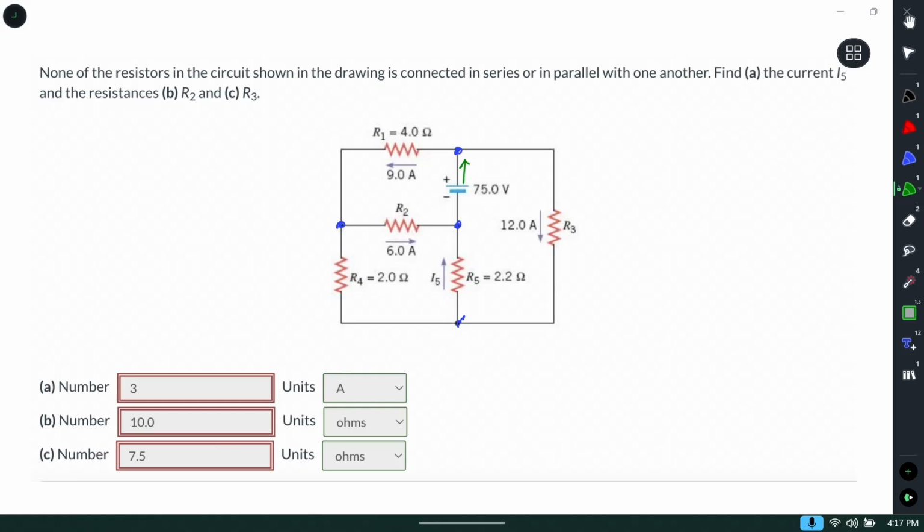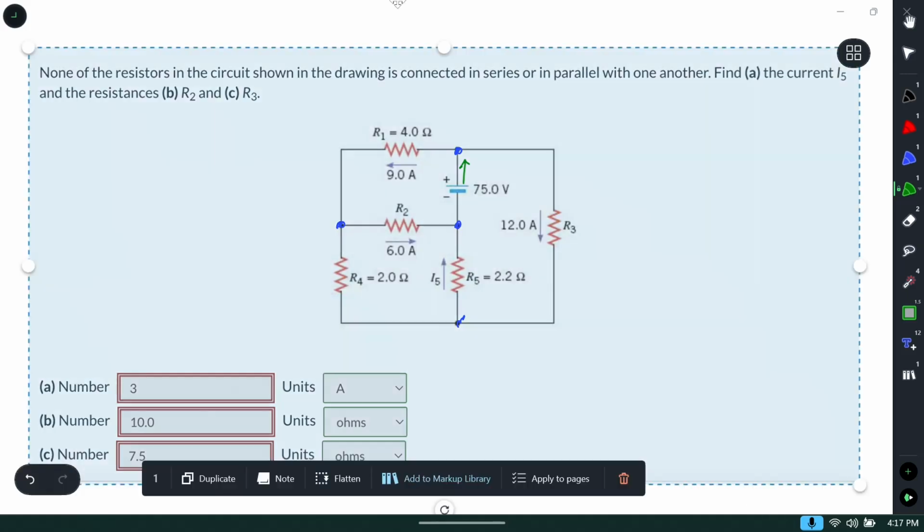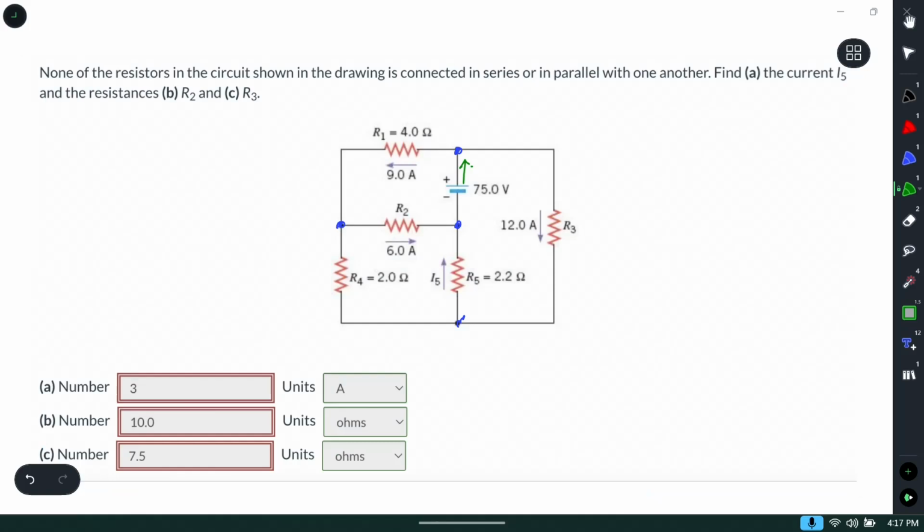So it doesn't tell me how much current the battery provides in this circuit, but I'll just call that, let's say, I1. And then it doesn't tell me how much current goes through resistor 4, so I'll just call that I4. I don't know that current flows the way I'm drawing it right now. I'm just guessing.